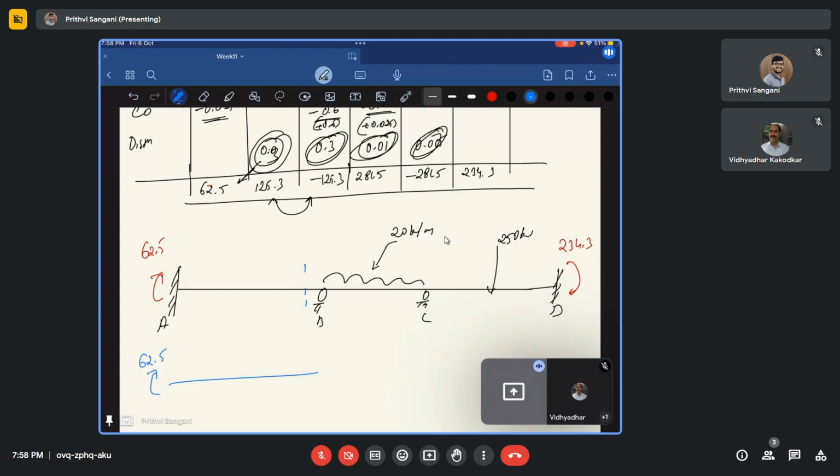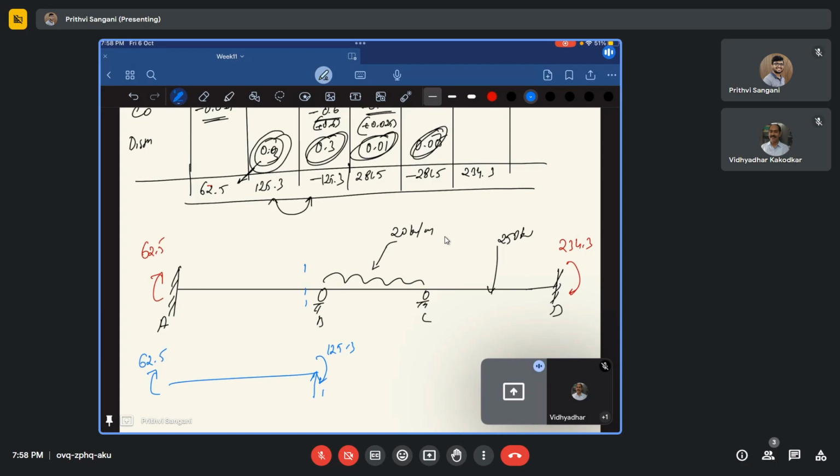This is 62.5. MBA, you obtain it as again positive 125.3. Okay, so if this is positive, you need to have a negative moment, which is actually countering it. So you should have a positive shear force which is applied upwards.